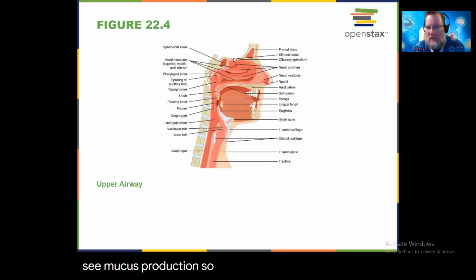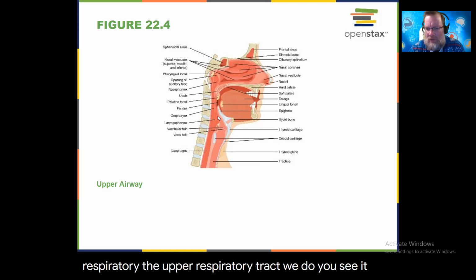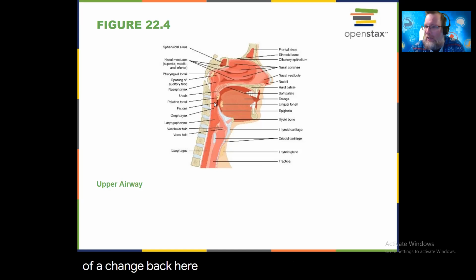So again, the lining or the epithelium of the nasal cavity and most of the upper respiratory tract, we do see a little bit of a change back here in the back of the mouth.